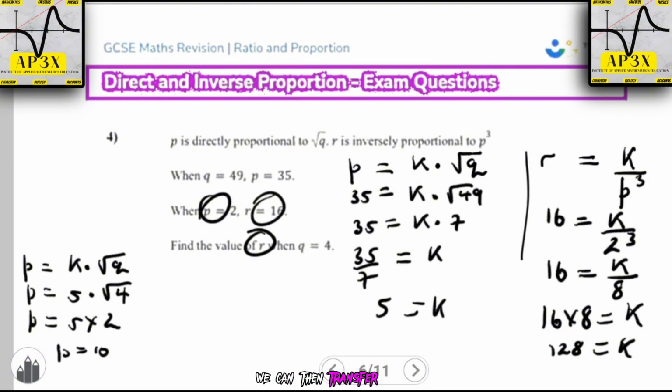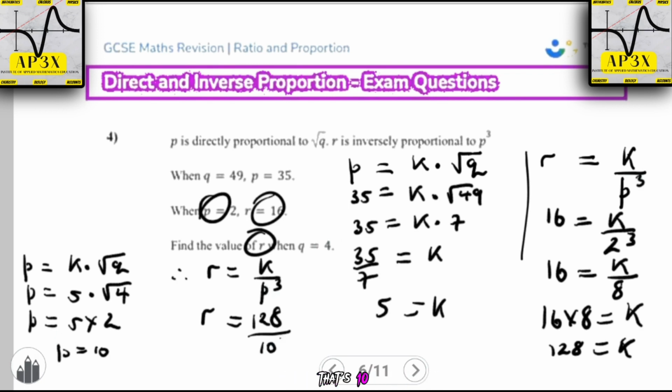So we can then transpose the value of P over here to obtain R. So therefore we're looking at R is equal to K divided by P cubed. R is what we're looking for, and K we had worked out to be 128. So 128 divided by P, which we just worked out to be 10.